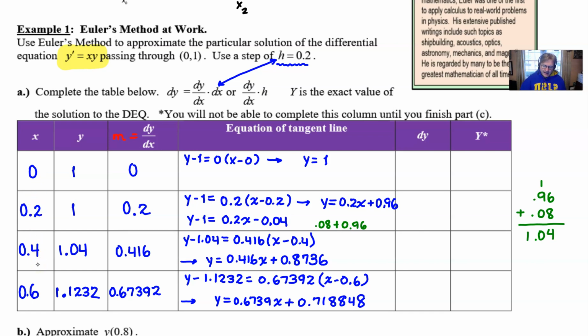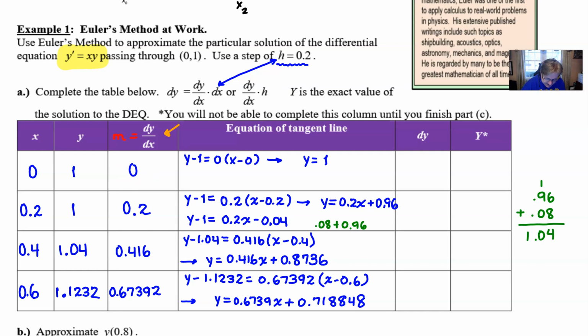So if we have a dx that's 0.2 in this problem, it seems interesting to see, well, what's the dy? It turns out that the dy is nothing more than the dy over dx multiplied by your h. So it's everything that you have in this third column right here multiplied by 0.2.